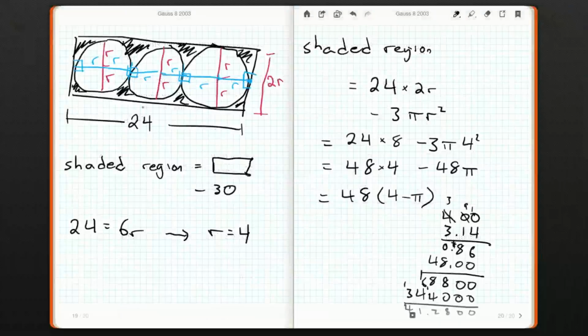Now let's just double check and see what the calculator says. Okay, so I'll do 24 times 8 minus 48 times pi.